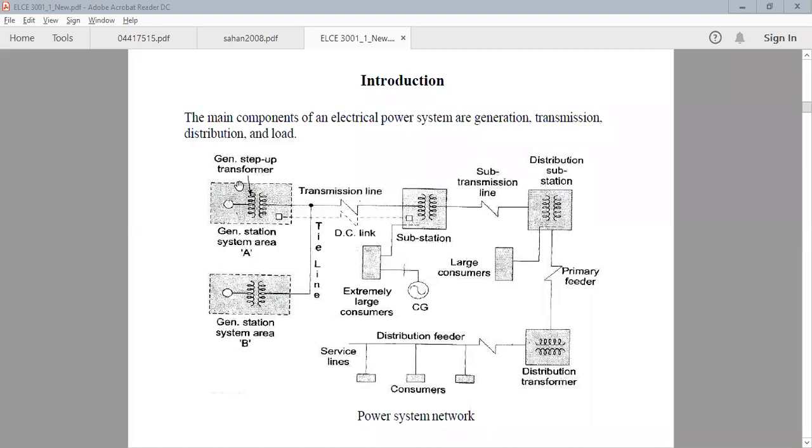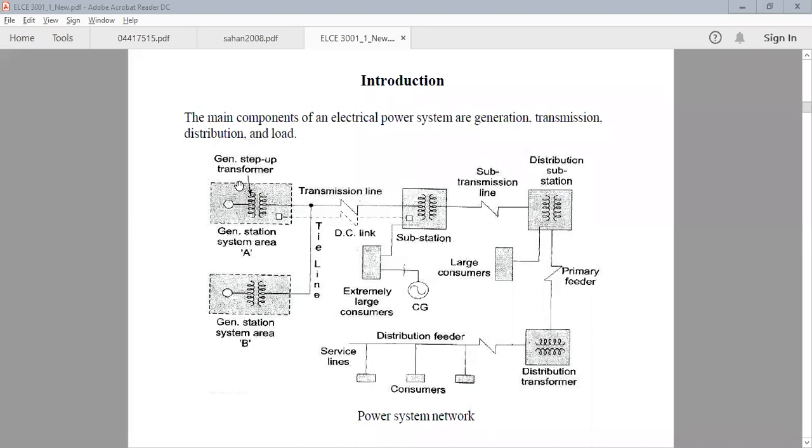In the generation system, we have a generator. What is a generator? As you may already know, the generator is an essential component of the power system. It's either a three-phase AC generator, also known as a synchronous generator or alternator. In small generators, we may have single phase as well.